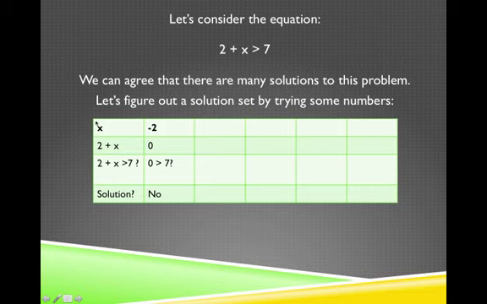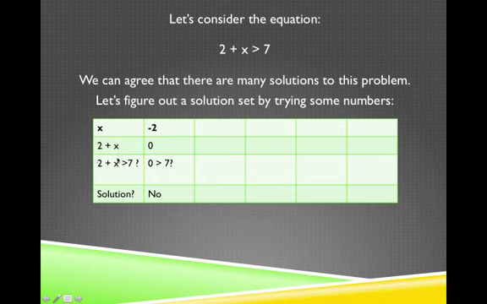So I've set up this little table here where we're putting in a value for x, putting it into the expression on the left-hand side, 2 plus x, and then testing to see if it solves the inequality. Okay, so first we tried -2. If I add -2 as x to 2, that gives me 0.